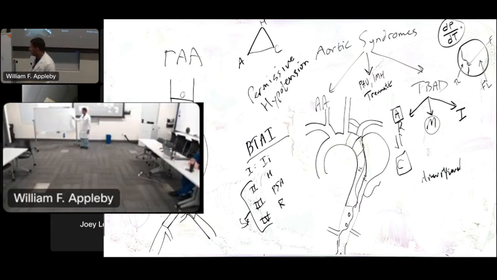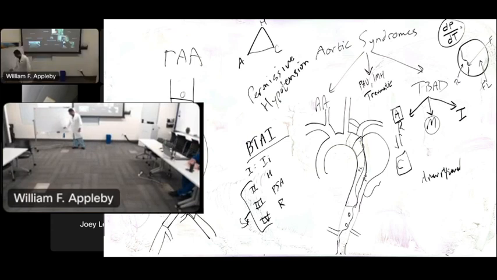Okay. Now, with type B dissections, where we go from the left subclavian distal, now we're thinking about these big vessels, the celiac, the SMA, the renals, and of course all the way down to the legs.